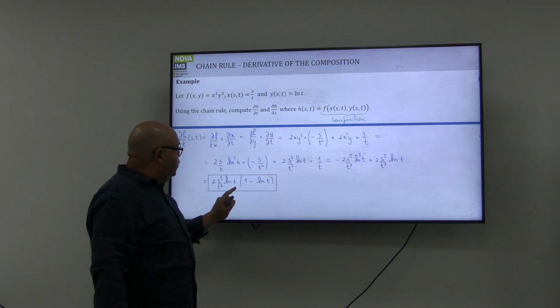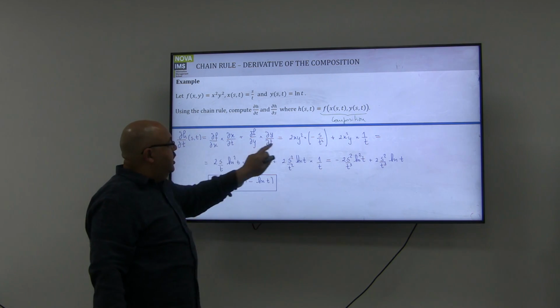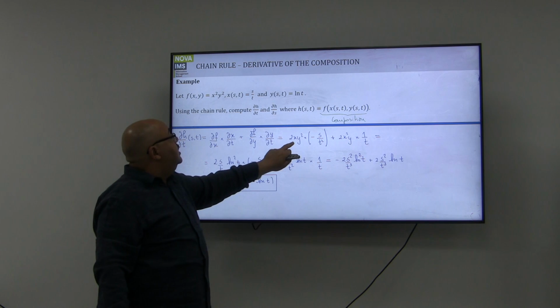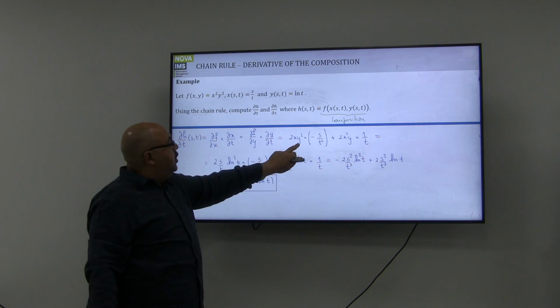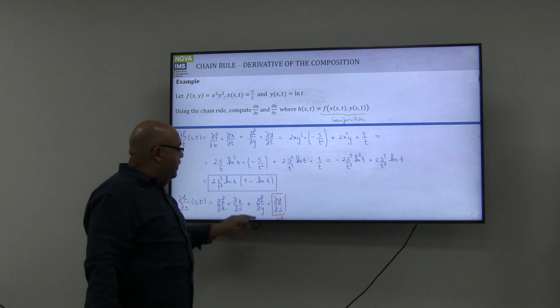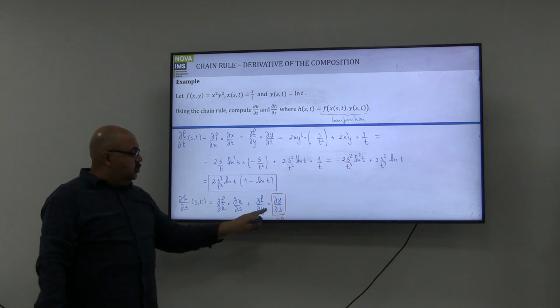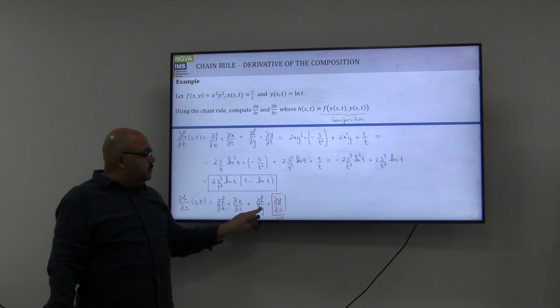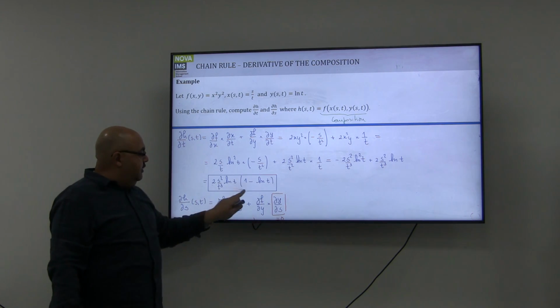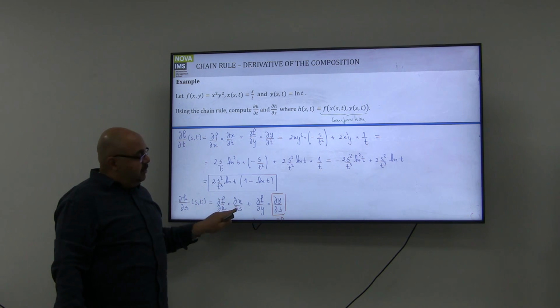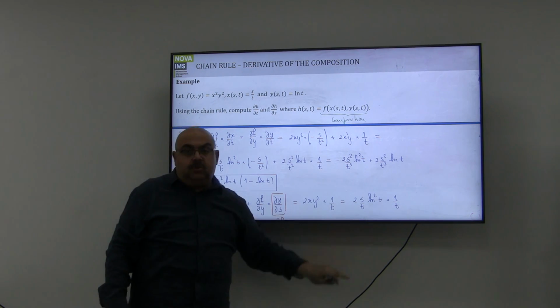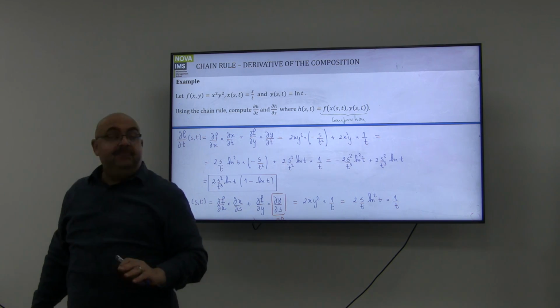Then don't forget that I will substitute instead of x by s over t, and instead of y by ln t to the power of 2. Same way for the other problem, and that's the case. If I'm differentiating with respect to s, as I told you, this is going to be 0. So all of this part will be cancelled, and you will have just only partial f, partial x times partial x, partial s. In a direct substitution, it's going to be exactly the same.